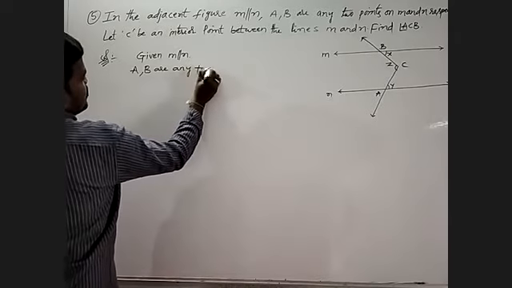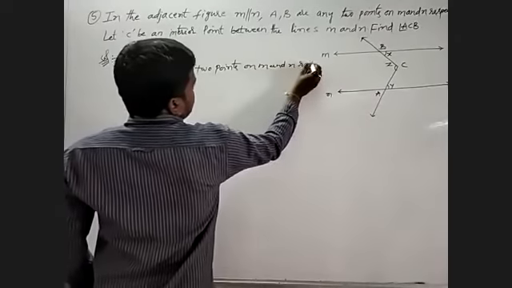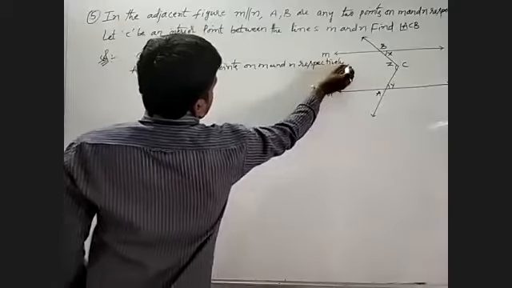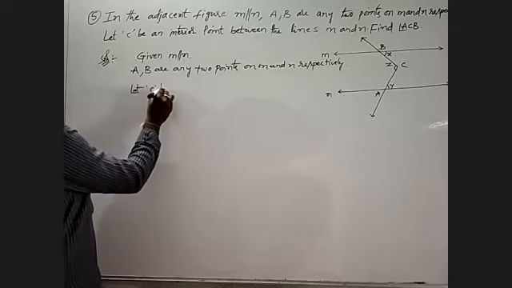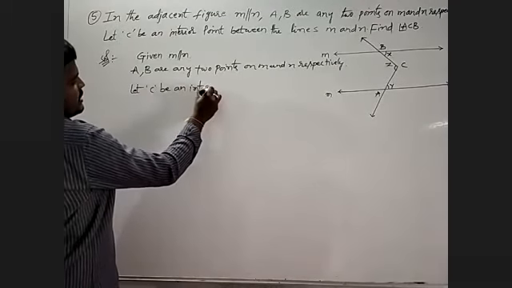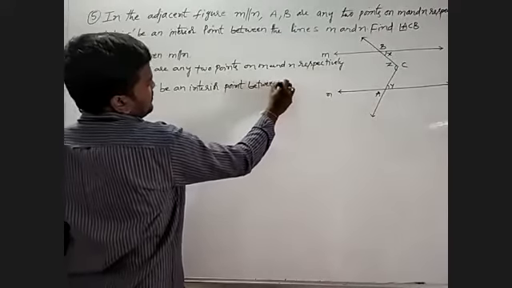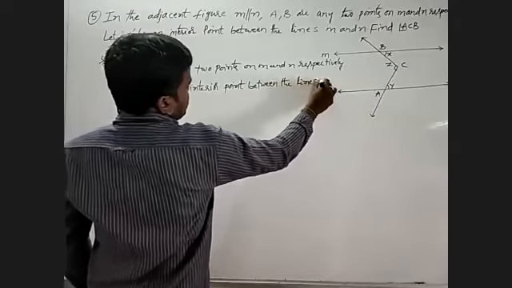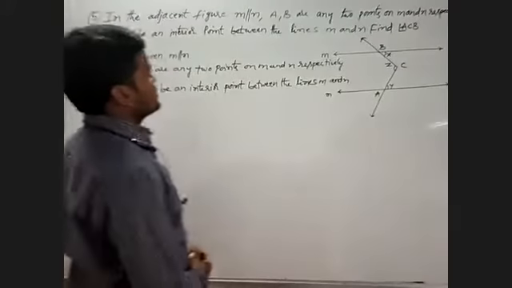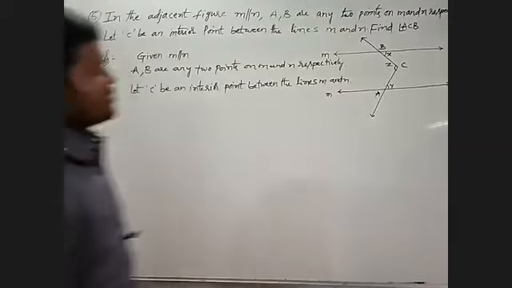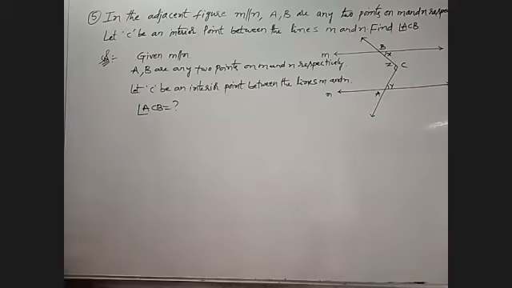One more thing is given: let C be an interior point between the lines M and N. Observe, C is the interior point that lies between the lines M and N. Finally, we will find angle ACB is equal to question mark.